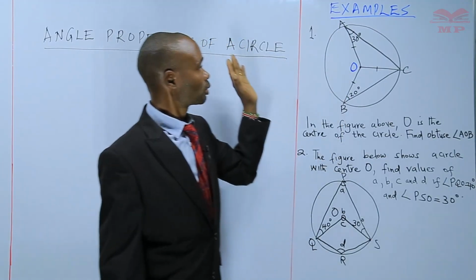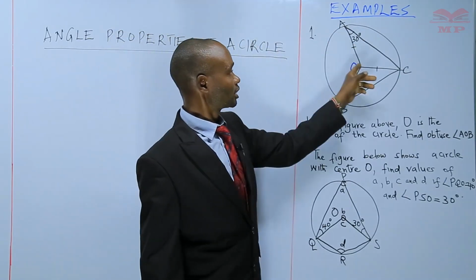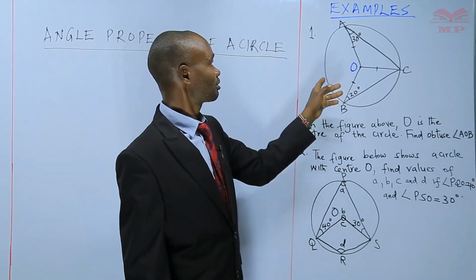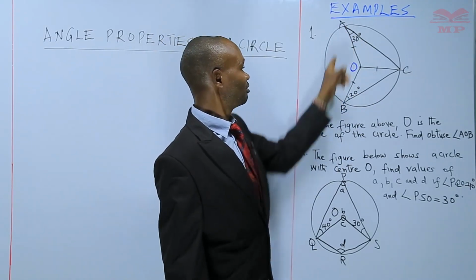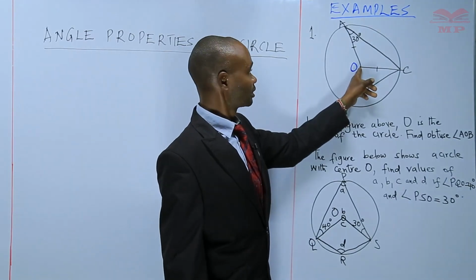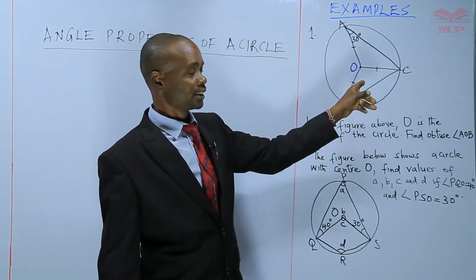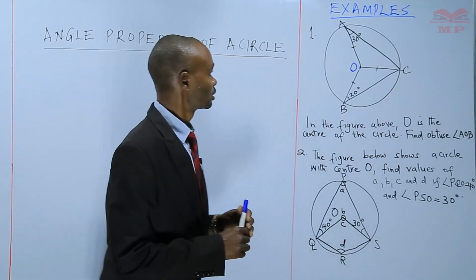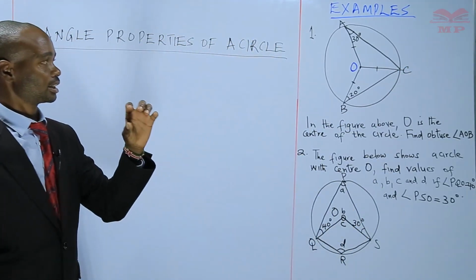In the concept, we learned that the angle at the center is twice. If we have, for example, a chord AB, this angle at the center will be twice the angle at the circumference. And also there is another slight concept.